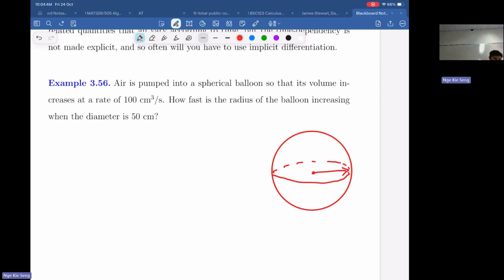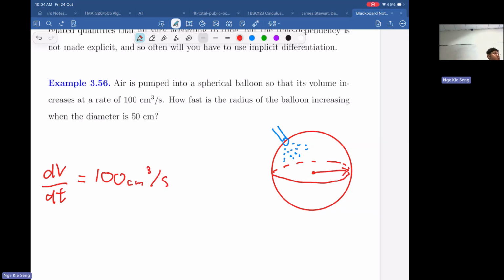Your air is pumping into this sphere, so that its volume increases at the rate of 100 cm cubed per second. So what does this mean? This means that dV over dt is equal to 100 cm cubed per second.